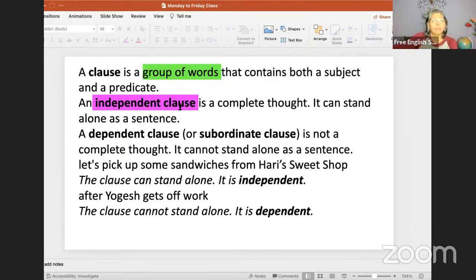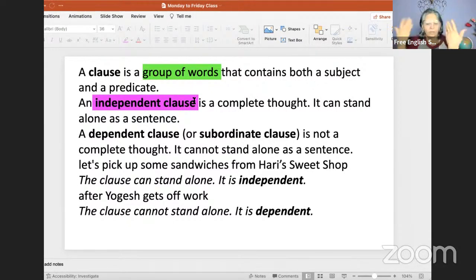Now, an independent clause is a complete thought, right? It can stand alone as a sentence, which is what I just told you. If you think about your own life, what does independent mean? You are not dependent on anyone.